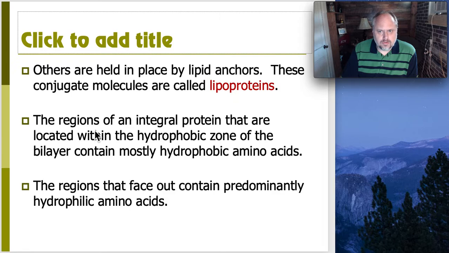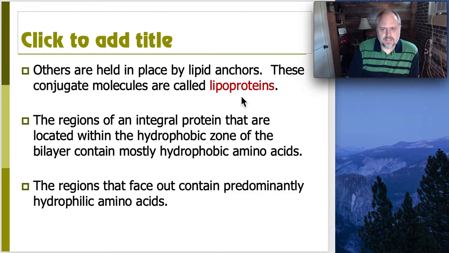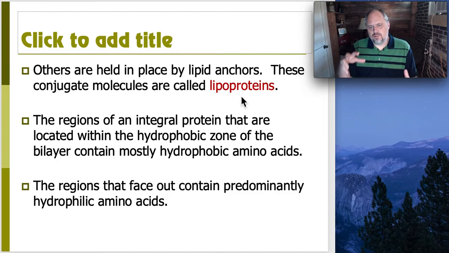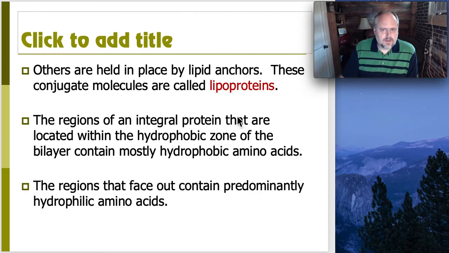One pretty abundant kind of conjugate molecule are what are called lipoproteins. These would be proteins that are not embedded, but they are attached to the membrane in such a way that there's a lipid portion that is embedded, and then the protein is actually on the surface.